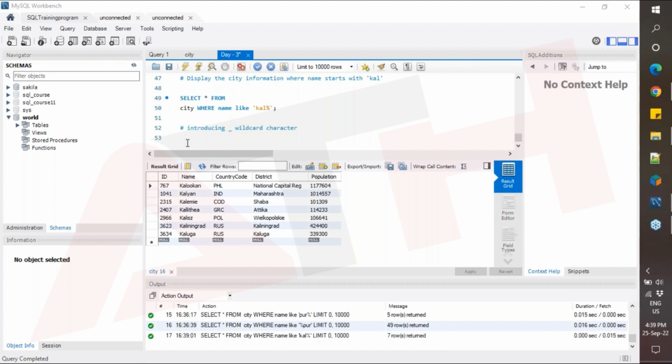So this underscore wildcard character basically, in what kind of use cases do we use it? We use it where we want to fix any occurrence of a letter and then move ahead to the second occurrence or a third occurrence, either from the start or from the end.